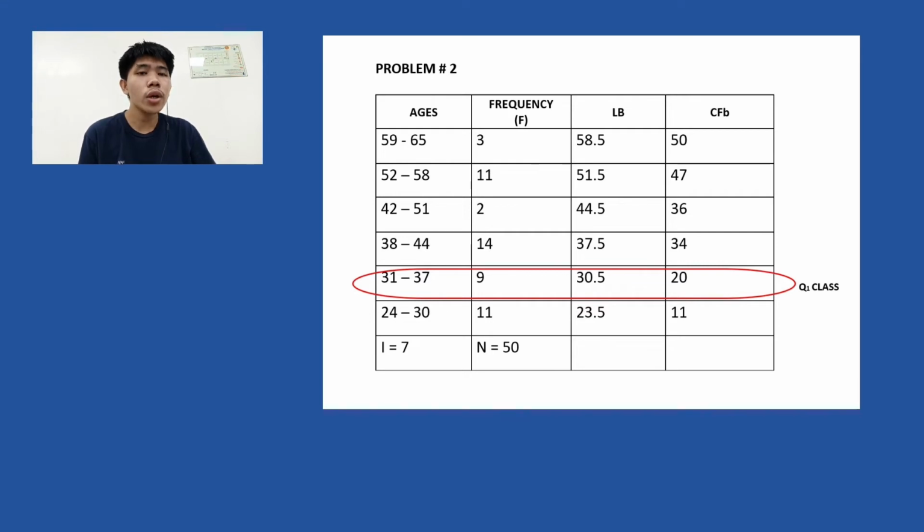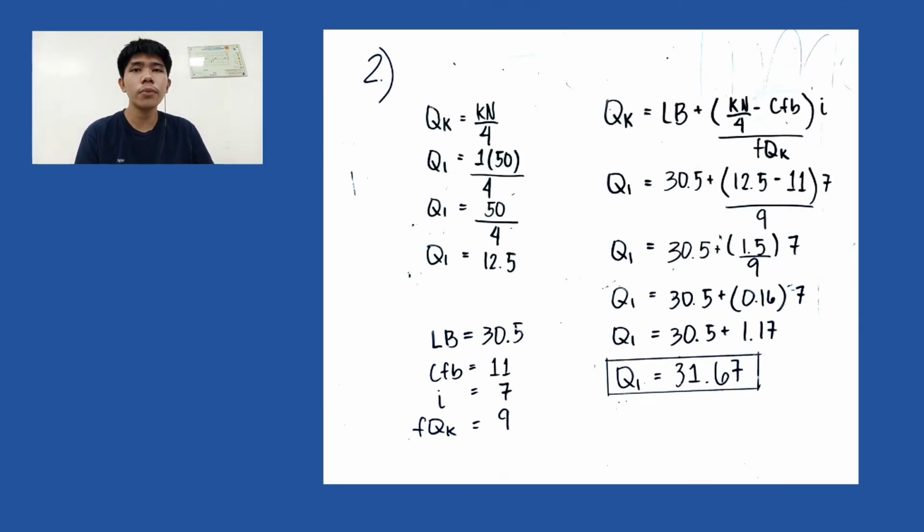This time, we will find the value of the rest of the formula. So LB is equal to 30.5, CFB is equal to 11, I or the interval is equal to 7, and FQK is equal to 9. After that, we will now solve for our Q sub 1 class.